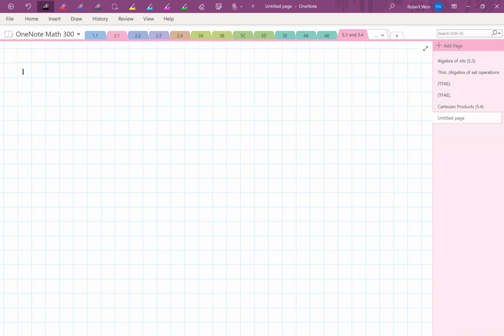So let's prove a theorem on the Cartesian product. For all sets A, B, and C, if you take (A union B) cross C, this is (A cross C) union (B cross C). Okay, so this is a theorem that says that two sets are equal.